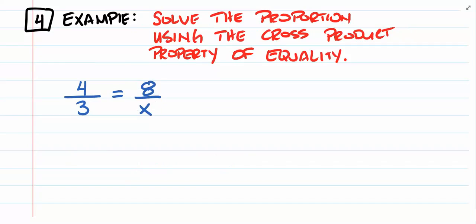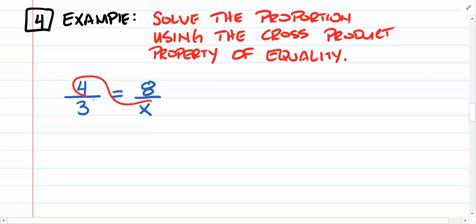Here's box number 4. The directions say solve the proportion using the cross product property of equality. I have 4 over 3 equals 8 over x. I'm going to use the cross product property. So x times 4, or 4x, it's the same thing, has to be equal to 3 times 8.